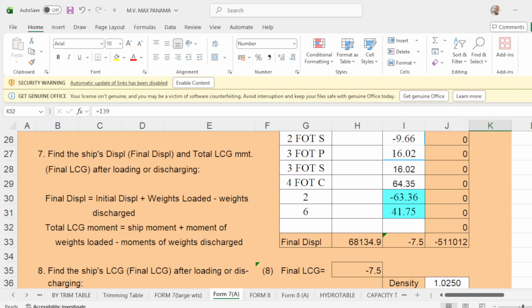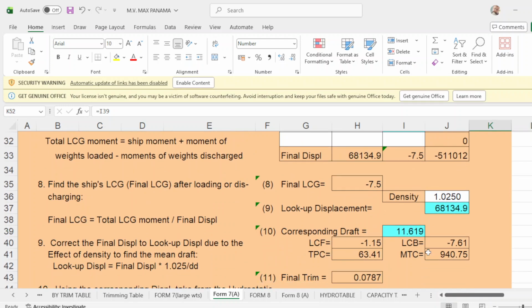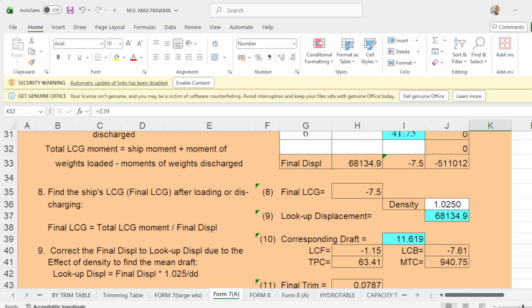Okay, so we go now to number 9. Number 9 is correct the final displacement to look up displacement due to the effect of density to find the mean draft. So look up displacement equals final displacement times 1.025 over your DD, or your dock water density.